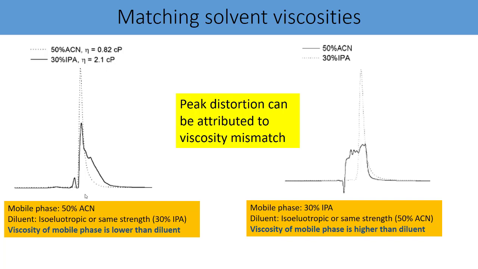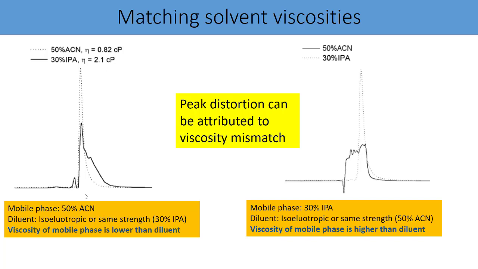Now you may be thinking that this may be the reason because my mobile phase viscosity is lower than the diluent viscosity. But look at the right side on your screen where your mobile phase is 30% IPA and diluent is 50% ACN. Now in this case, mobile phase is having much higher viscosity than the diluent.